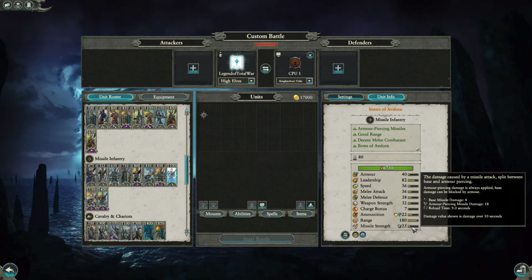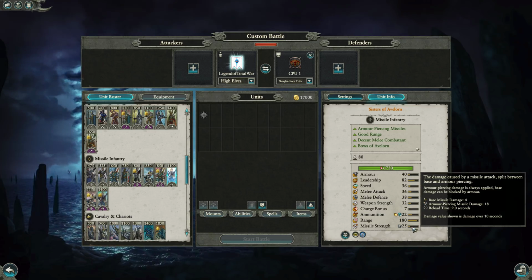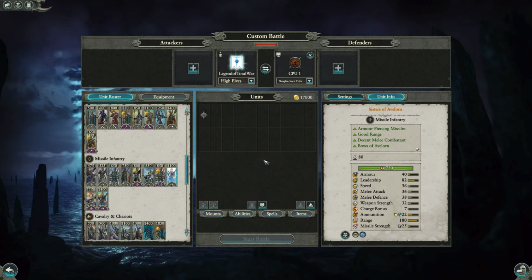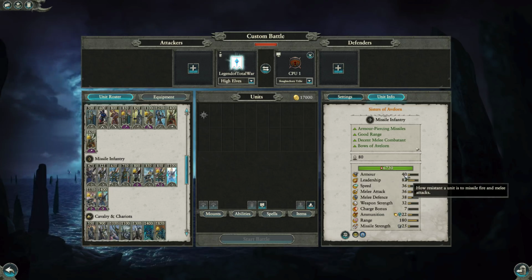Now, in terms of how the base missile damage is reduced, this is something that's really difficult to understand, how armor is calculated. And feel free to correct me if I'm wrong about this, because this is actually the one thing I'm kind of unsure about. But the way that armor works is that the number that is presented here is randomly between that value and 50% of its value.